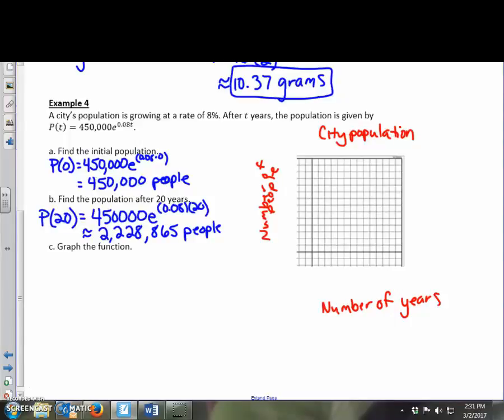Okay, so we're looking at from 0 to about 20 years. So along our x-axis, we can let each of those be a 2. So we got 2, 4, 6, 8, 10, 12, 14, 16, 18, 20, 22. Okay, and so I just labeled every other line just to make it a little bit easier to read. Then we're going up to a little over 2 million.